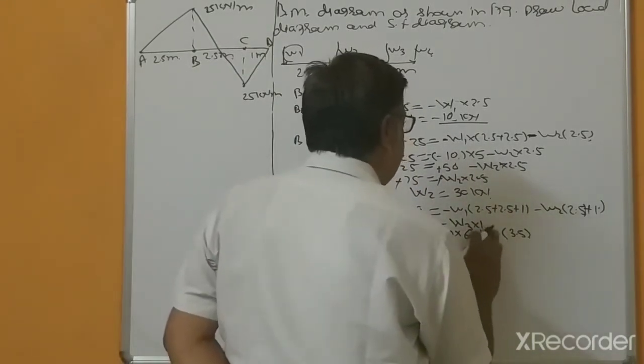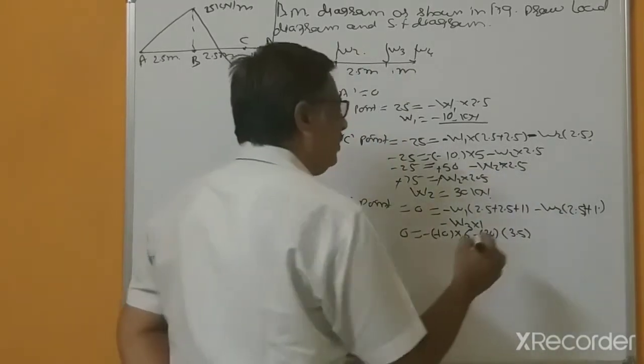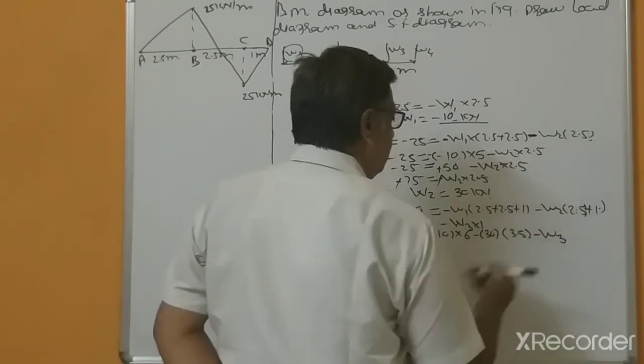And W2 equals how much? This is 30 minus W3.